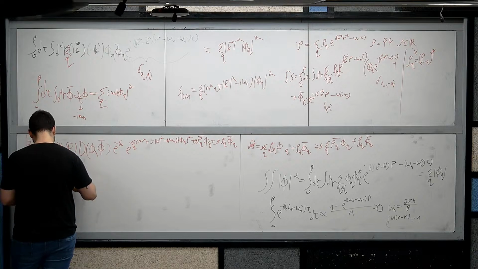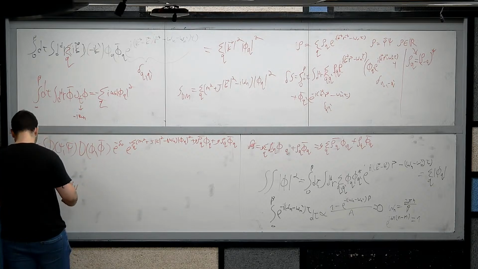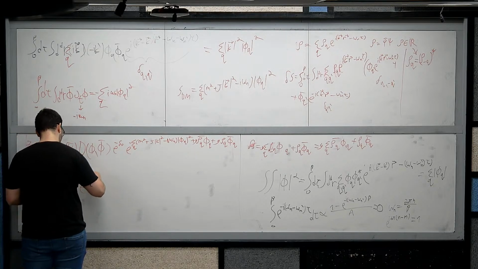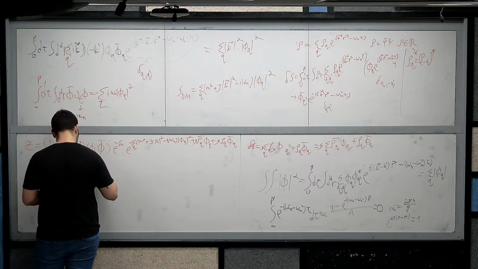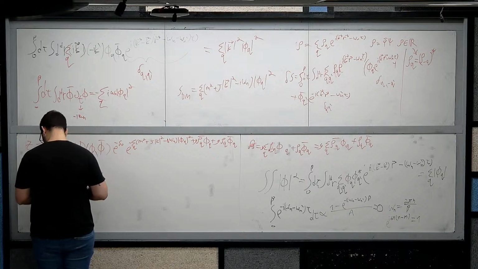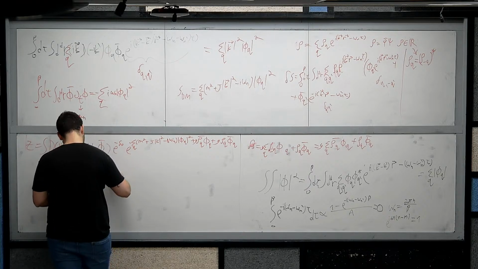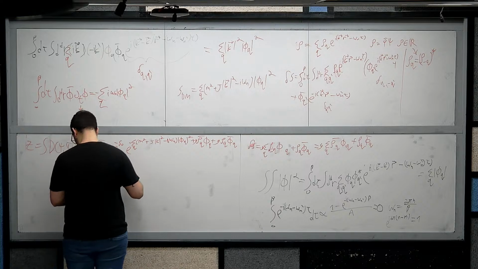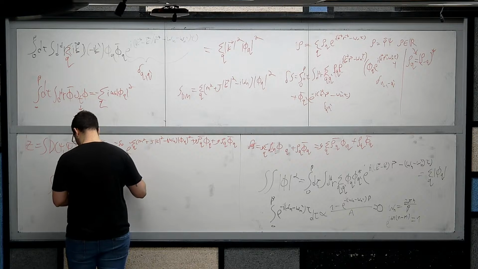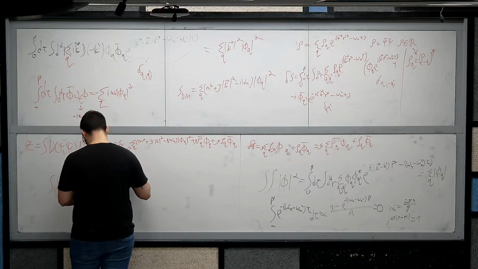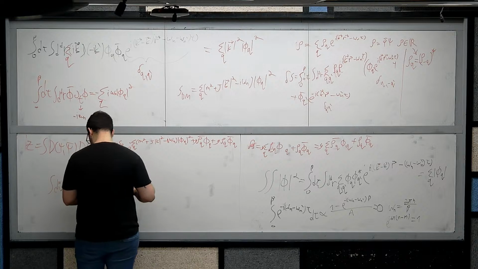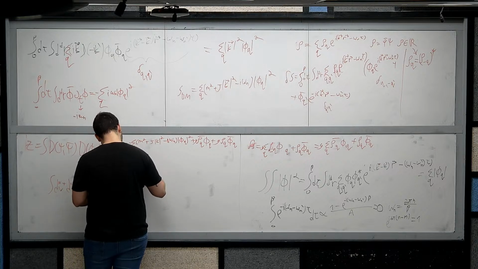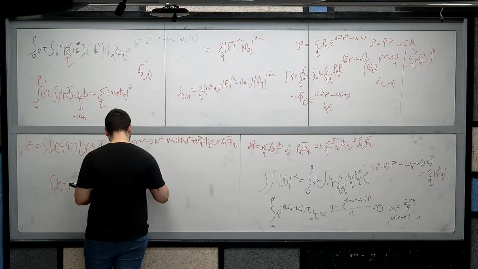The integral of d psi, d psi conjugate, e to the minus psi vector conjugate, A matrix, psi vector, plus psi vector conjugate times U plus, sorry, the vector conjugate is on the U in the homework, right?